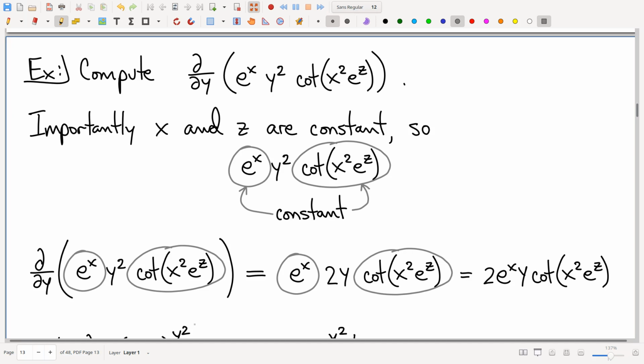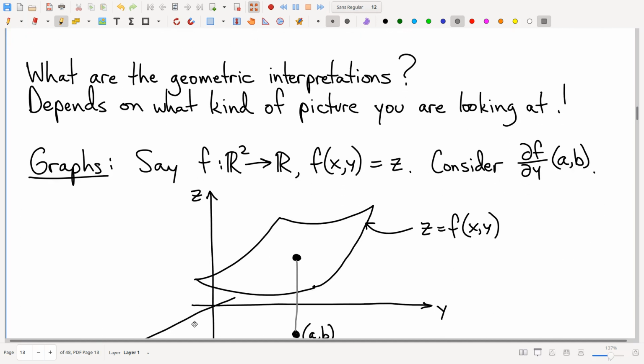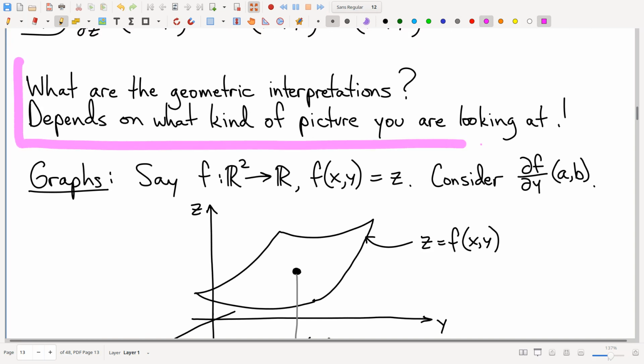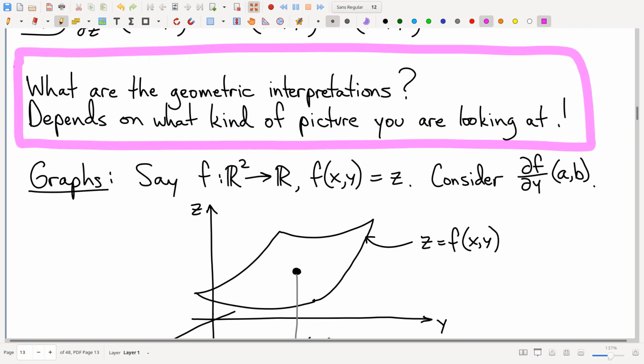And I'm going to start with the idea of geometric interpretations. What does a partial derivative look like? Now, thinking back to single variable calculus, you see the formula written down for a derivative, and then very quickly the question comes up, what does it mean geometrically? And you get this very satisfying answer: it's the slope of the tangent line.